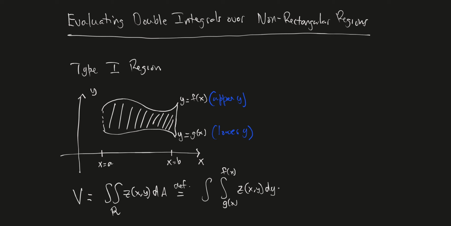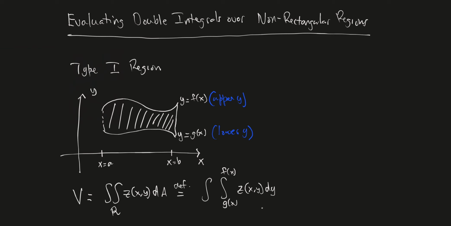After we do the inner integral first, as we've done before, we find an antiderivative, hopefully not too difficult, plug in the upper and lower limits, and subtract. We wouldn't have any y's left over because these limits are plugged in for y.